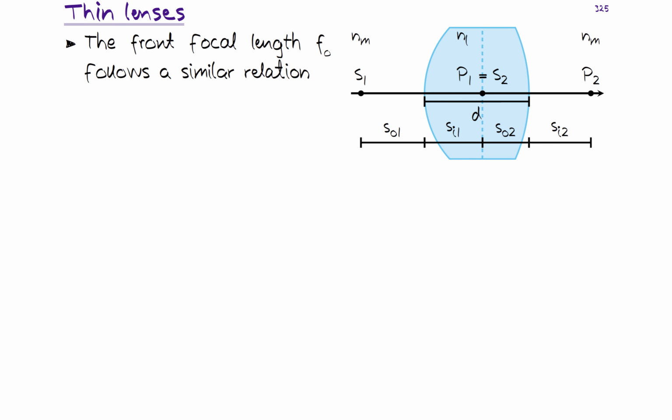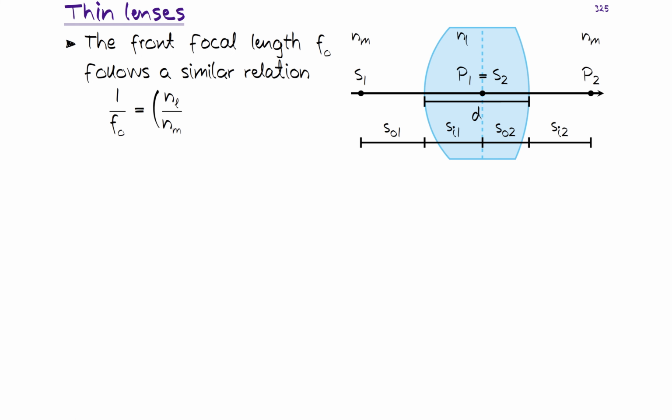And then we can do the same thing for the front focal length FO. Now we want to calculate rays that, after propagating through the lens, would be propagating parallel to the optical axis. And we want to see where the object location would be where they originate. So essentially, where would be the front focal length or front focal plane of my simple thin lens.